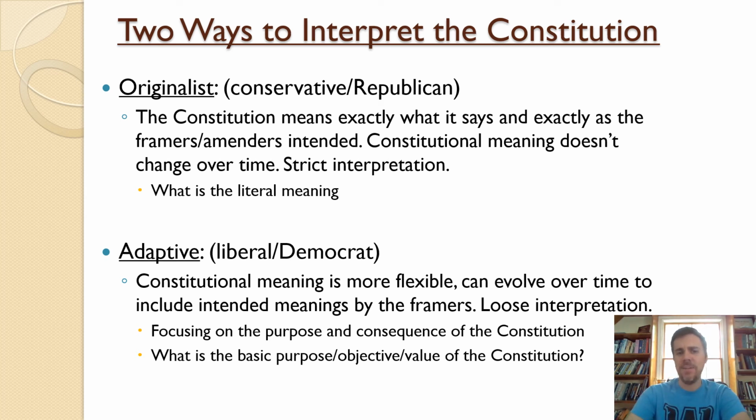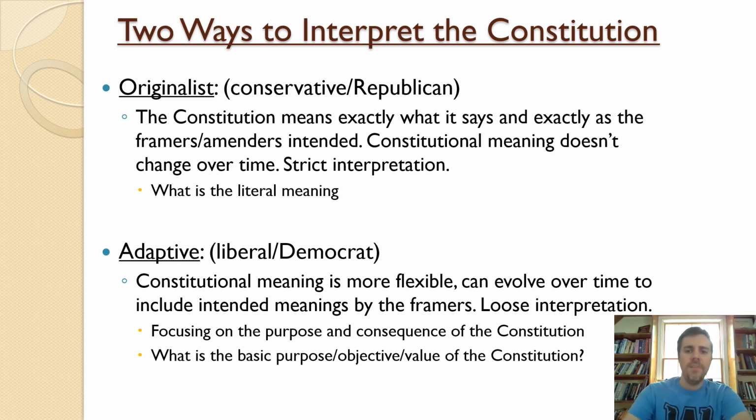The adaptive model, which a lot of Democrats subscribe to, is where you can't just change the meaning of the Constitution, but they would say that our ideas do change over time, and that in some ways the Constitution does evolve and update when it comes to new standards of morality or new understandings of freedom or basic rights.